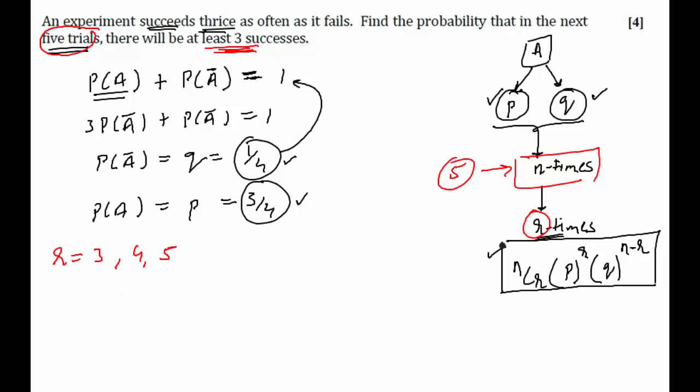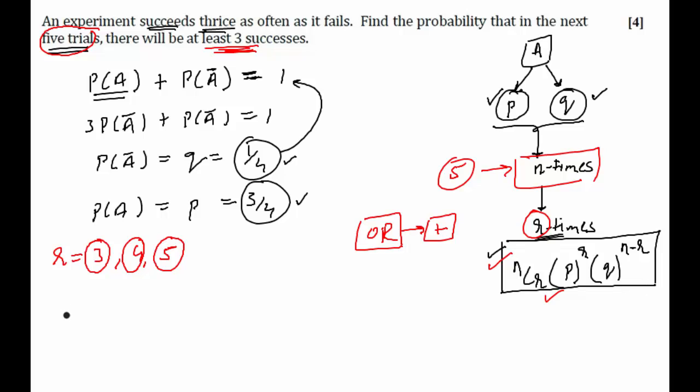So let us use this formula 3 times. Either I will get success 3 times, or 4 times, or 5 times. Whenever we use the word or in our statement, we have to add those cases. So I will just be adding the values which I obtained using this formula.